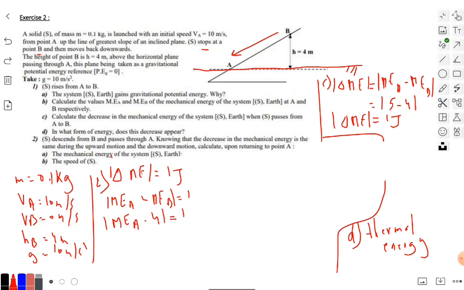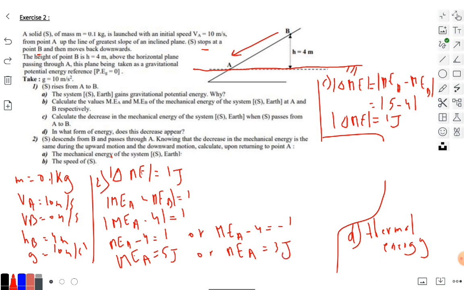So by applying the concept of absolute value, ME minus 4 equals 1 or ME minus 4 equals minus 1. So we obtain ME at A equal to 5 joules or ME at A equal to 3 joules. Why? In the motion from B to A, the mechanical energy decreases.